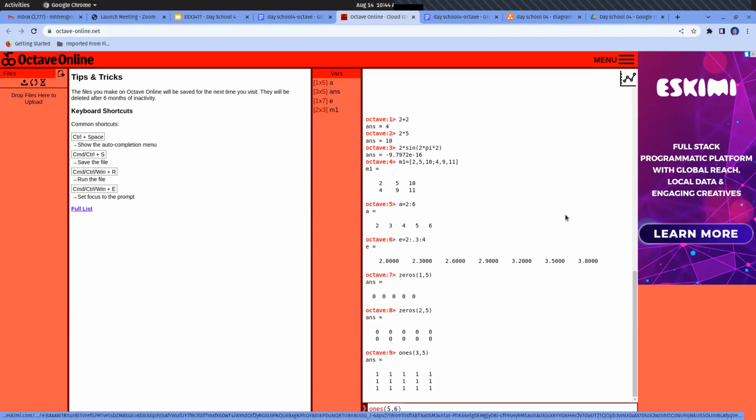Can you explain how many rows and how many columns here? Hello. Can you say something? Yes.